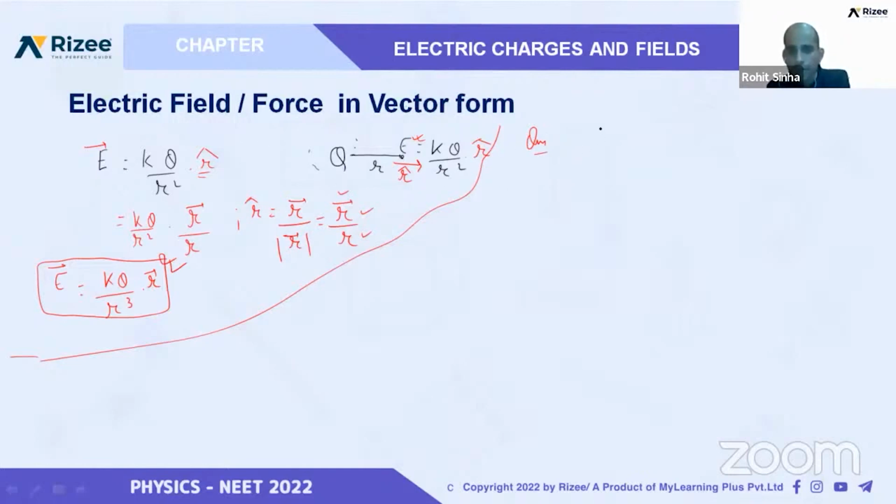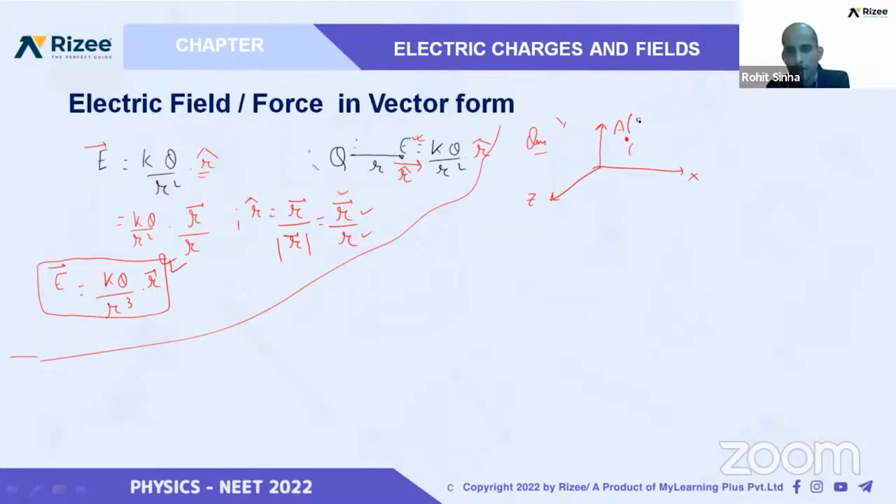Suppose it is given that we are having an x-y axis, x-axis, y-axis and z, and at a point A there is a charge.